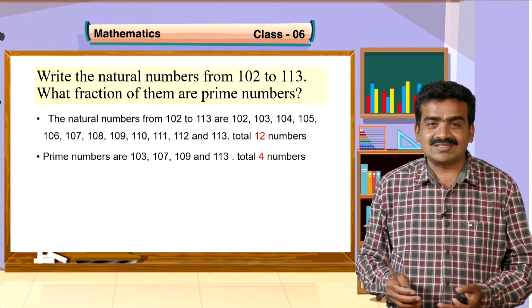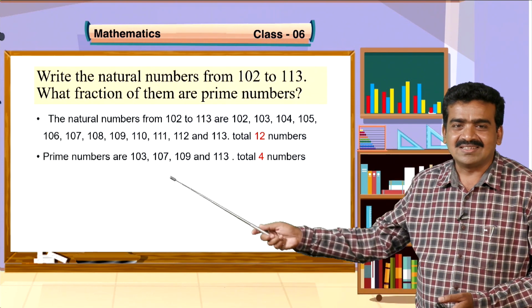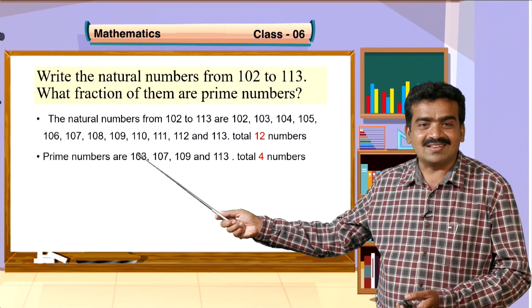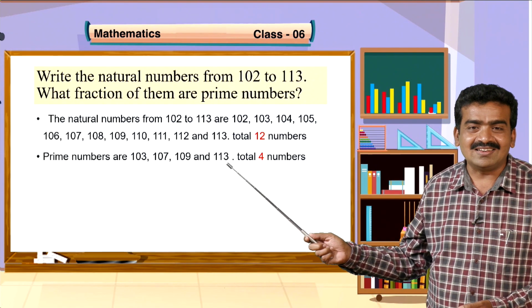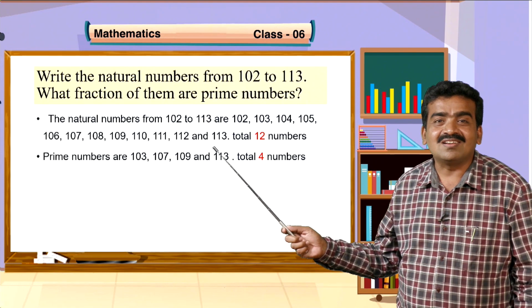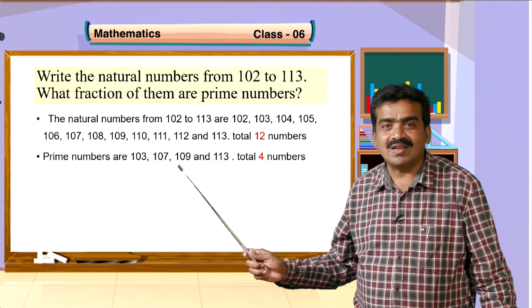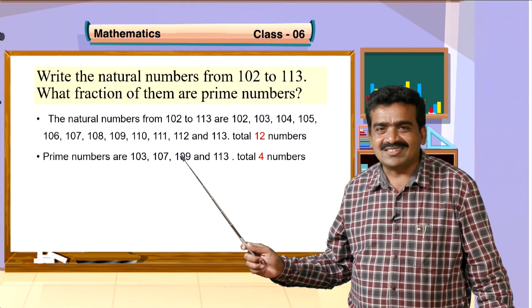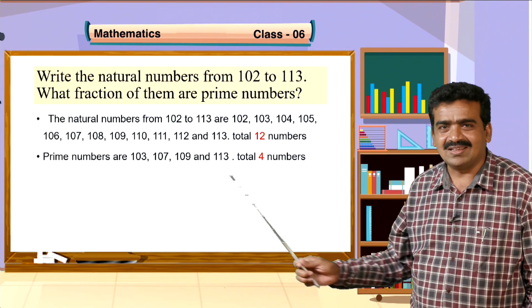Then can you list the prime numbers between 102 and 113? Yes, the prime numbers are 103, 107, 109, 113. These numbers cannot be divided by any other number except one and the number itself. That is why they are called prime numbers. There are 4 prime numbers in this list.